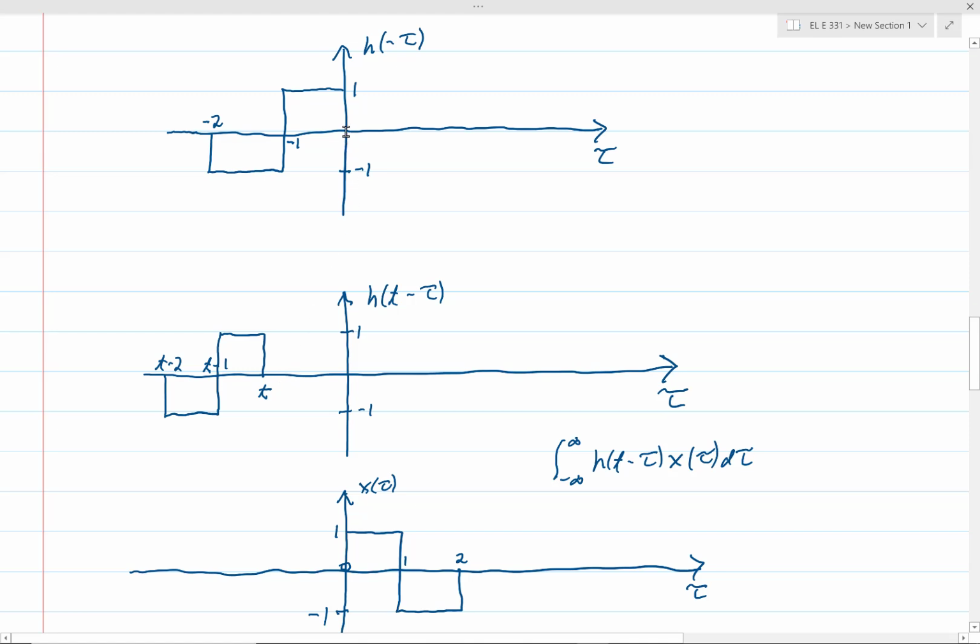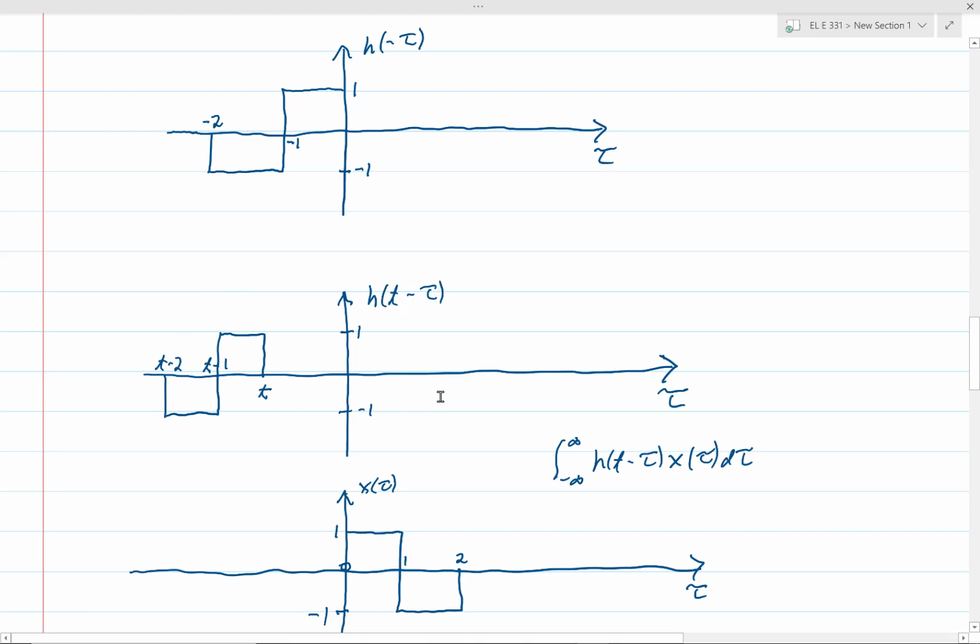Now notice that up here, the leading edge is at 0, and then the midpoint is at -1, and the trailing edge is at -2. And that's for h of negative tau. So when we add a t to the argument, we just add a t to each one of those points. So -2 becomes t minus 2, -1 becomes t minus 1, and 0 becomes t plus 0, or just t. So this is the graph for h of t minus tau.